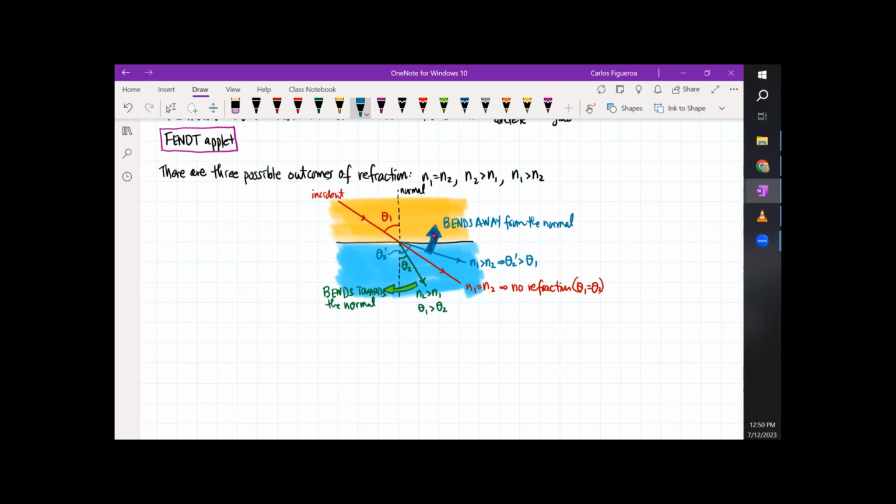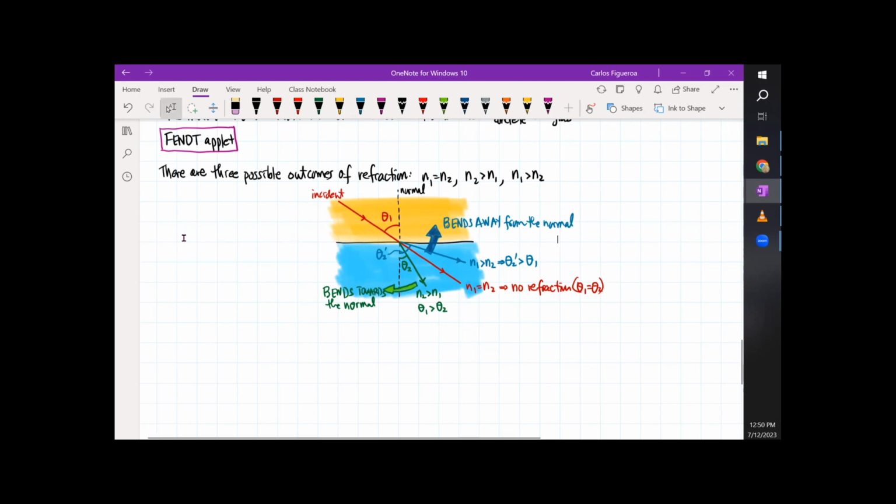Once again, if the ray bends towards the normal, then you're going from a lower index of refraction to a higher one. If the ray bends away from the normal, then you're going from a higher to a lower index of refraction.